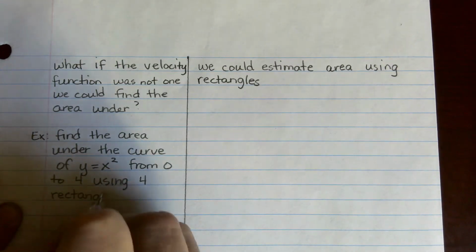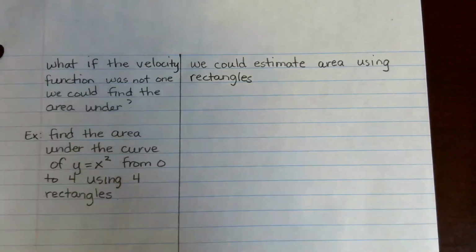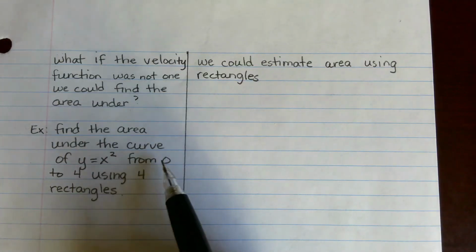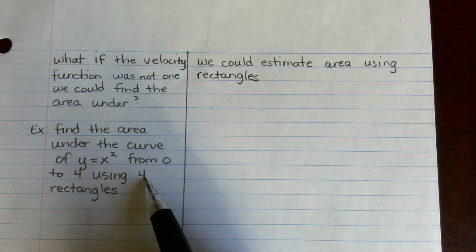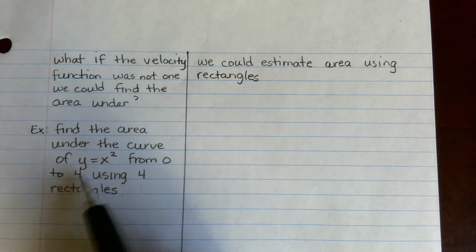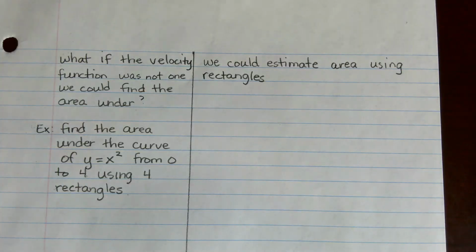Now, all of these things are going to be important: where do we start, where do we stop, and how many rectangles are we going to be using? That's something that we have to really pay attention to.